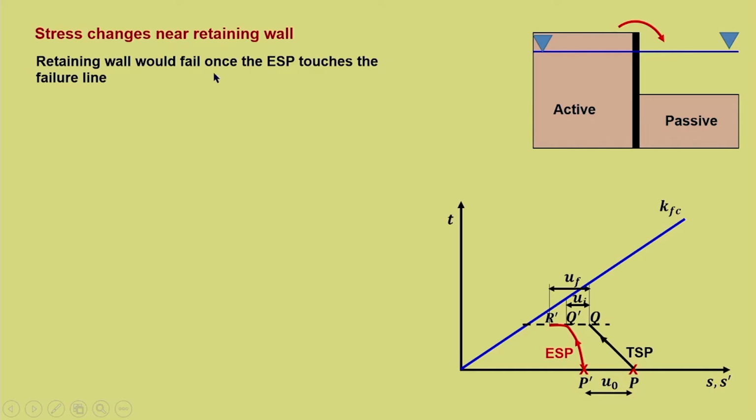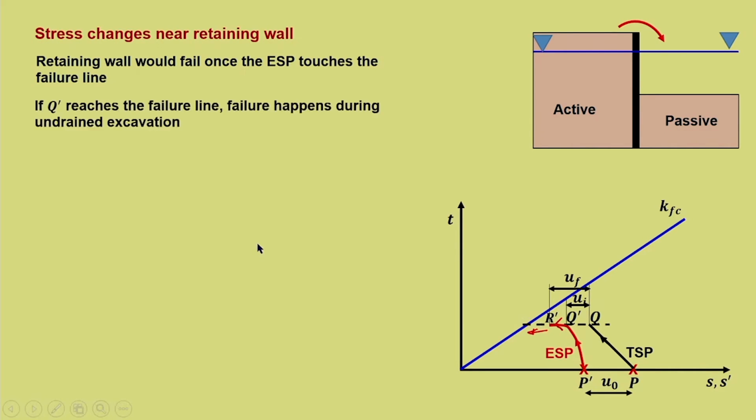Now, retaining wall, for this particular case of excavation, it would fail once the effective stress path touches the failure line. Now, this is moving in this direction, you can see that it moves up to here and Q dash to R dash. Now, if R dash extends towards the failure line, then once it reaches the failure line it would fail.